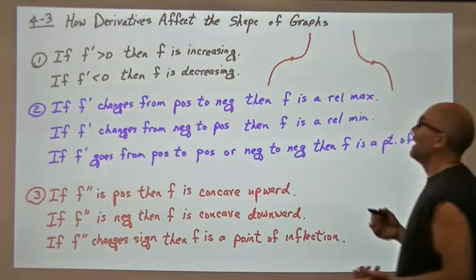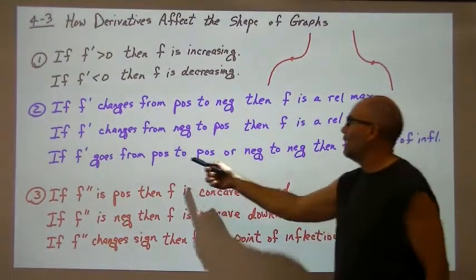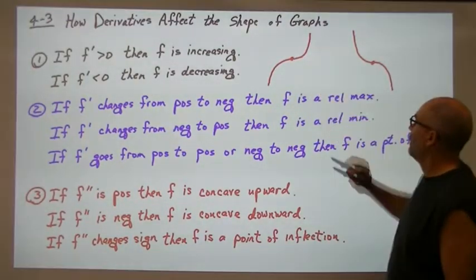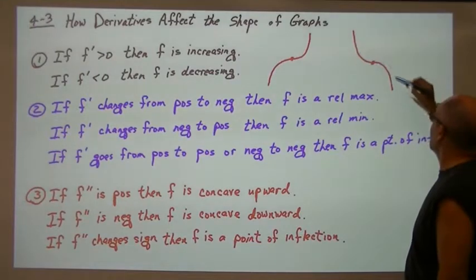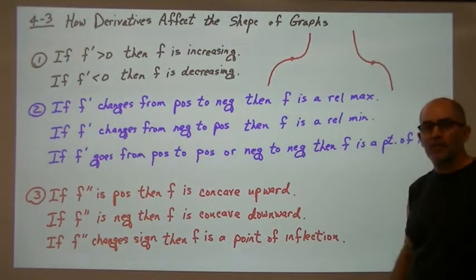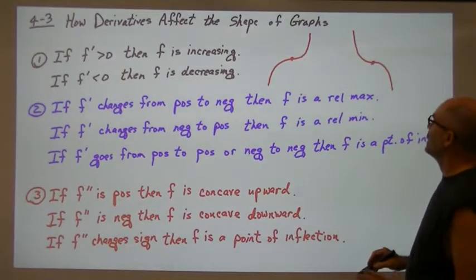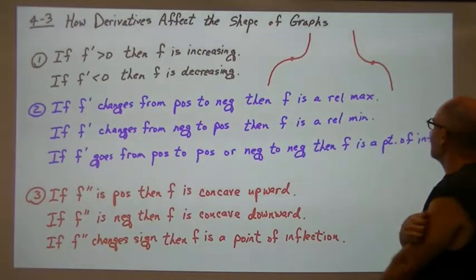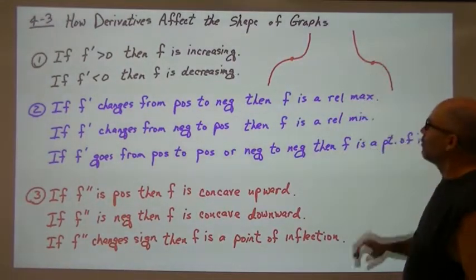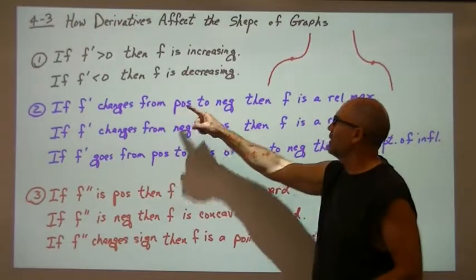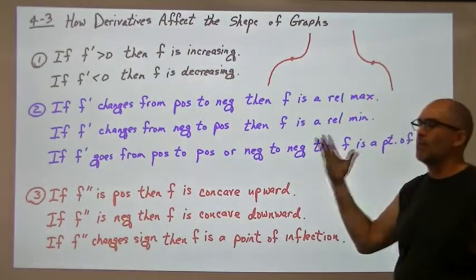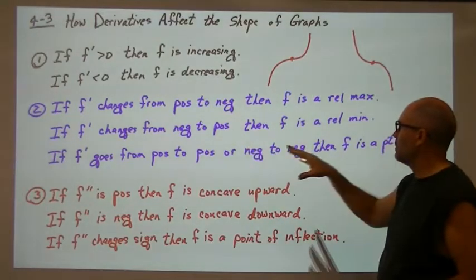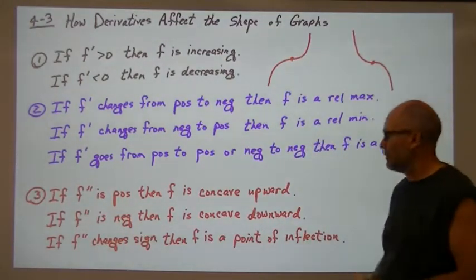That would be like y equals negative x cubed. What's going on here? Positive to positive means we have a point of inflection right there. Or negative to negative means we have a point of inflection right there. That's what a point of inflection is. We're going to talk more about points of inflection in a little bit, but that's one thing. If the derivative goes positive to negative or negative to positive, then you have a min or a max. But if it goes from positive to positive or negative to negative, you have a point of inflection.